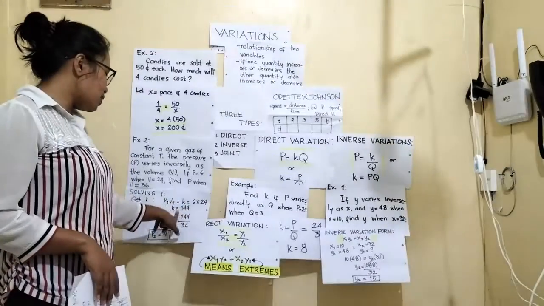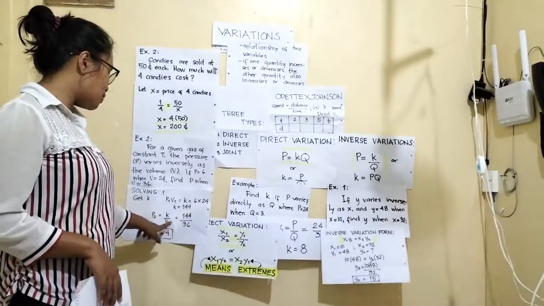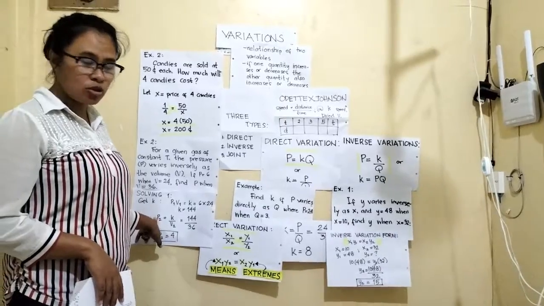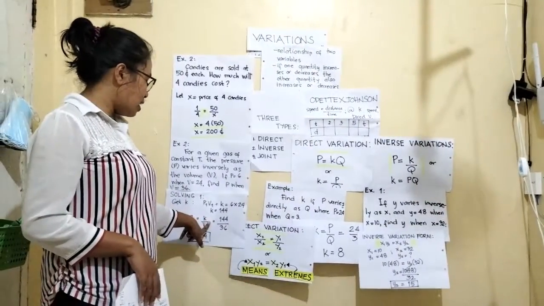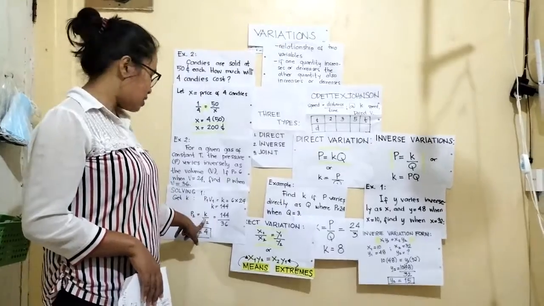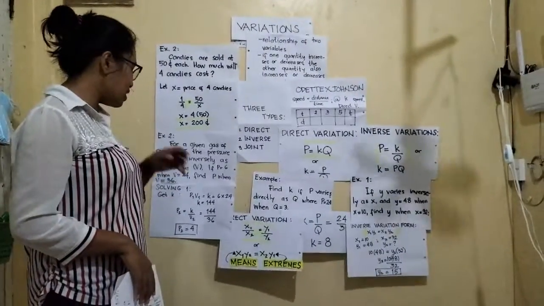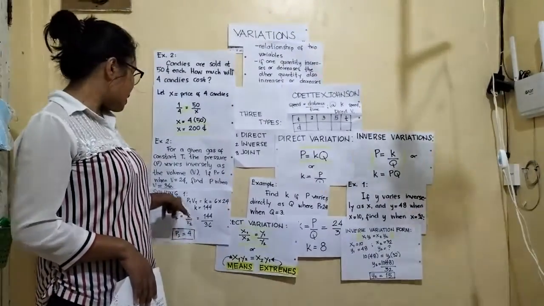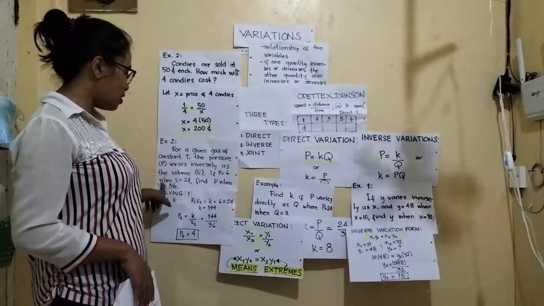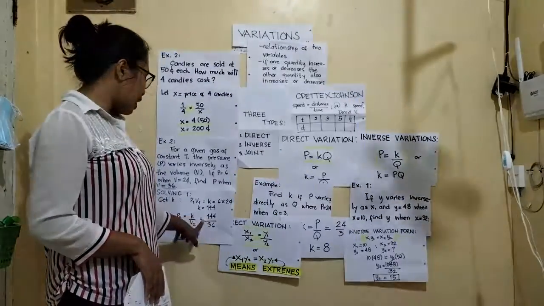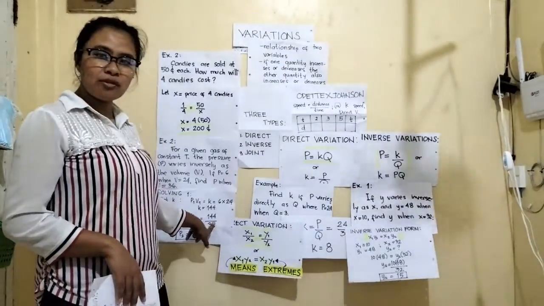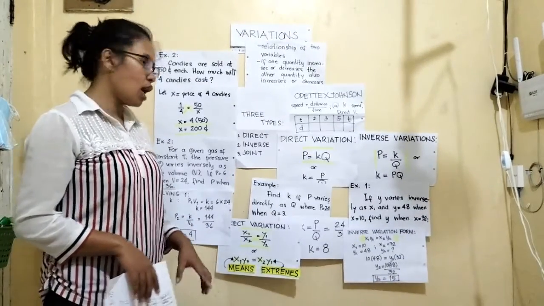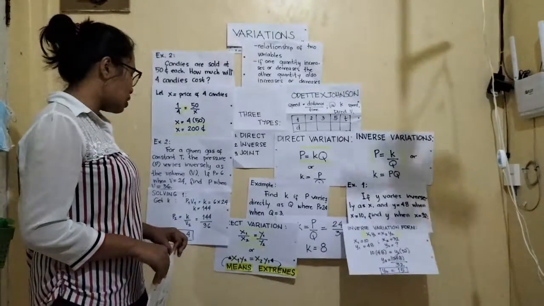We input this value of K to the second equation for P2 because we're looking for pressure 2, where constant K is divided by volume 2. Volume 2 is 36 from our problem. Then, 144 divided by 36, we have our pressure 2 is equal to 4.